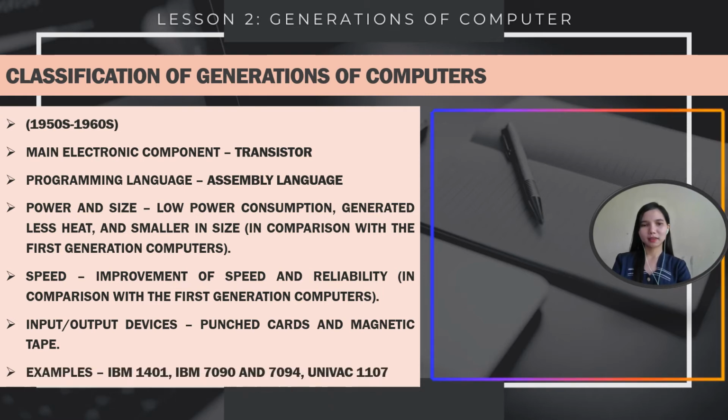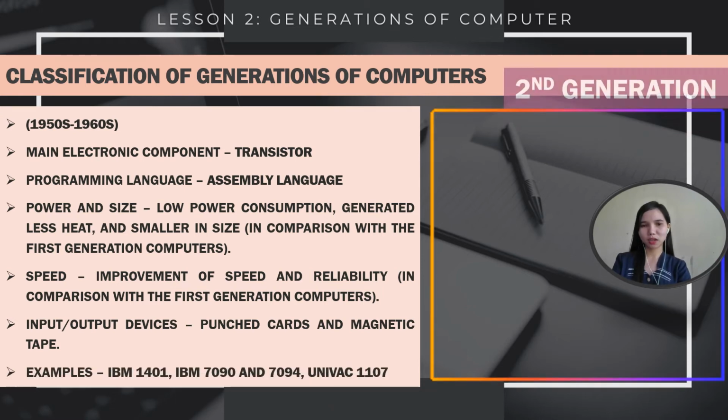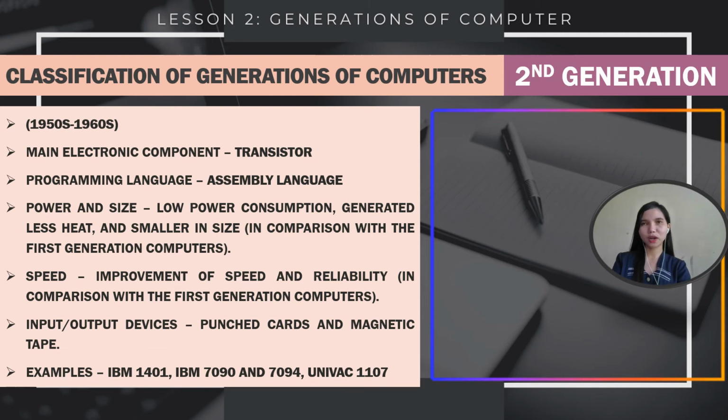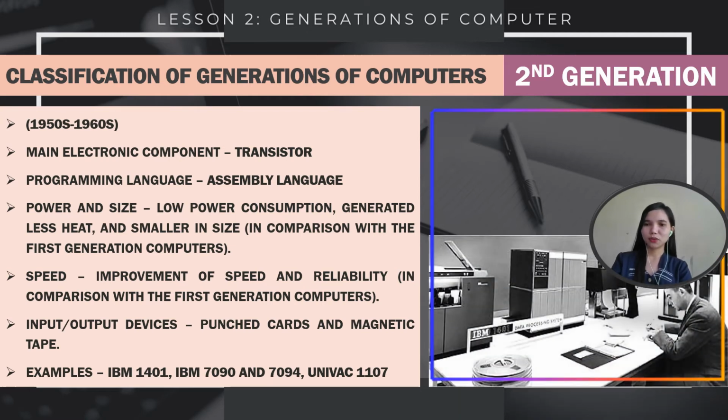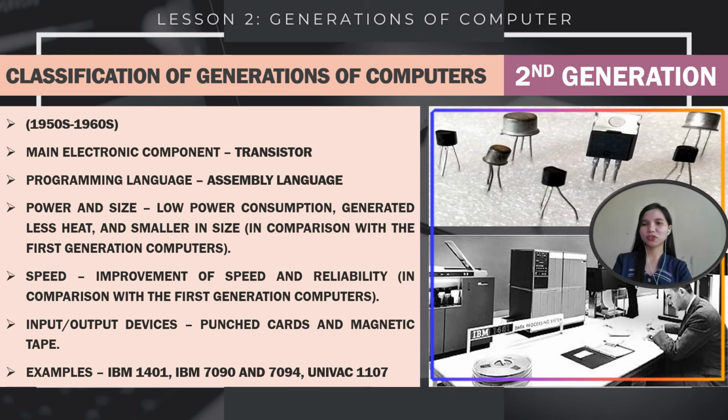Examples for this are the IBM 1401, IBM 7090 and 7094, and the UNIVAC 1107. So those are the examples for generation 2.